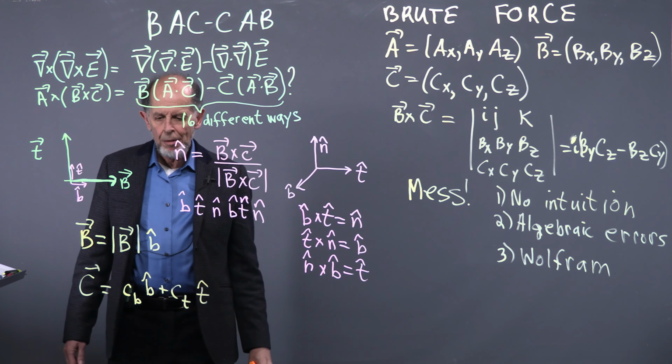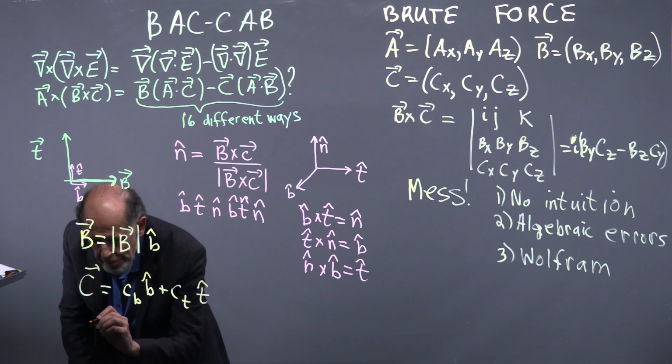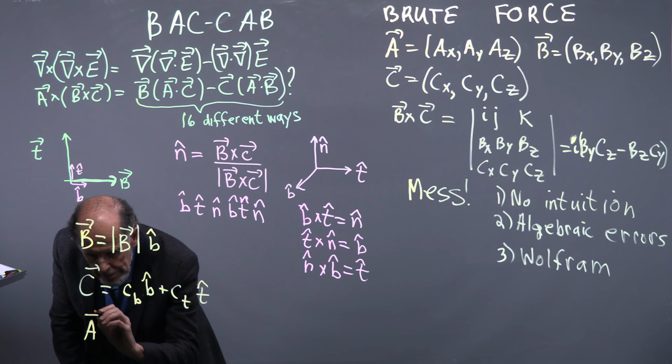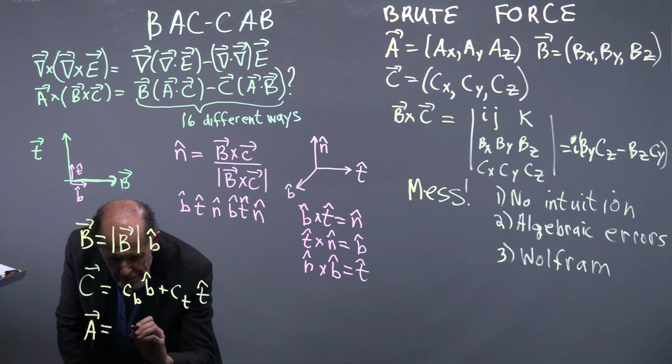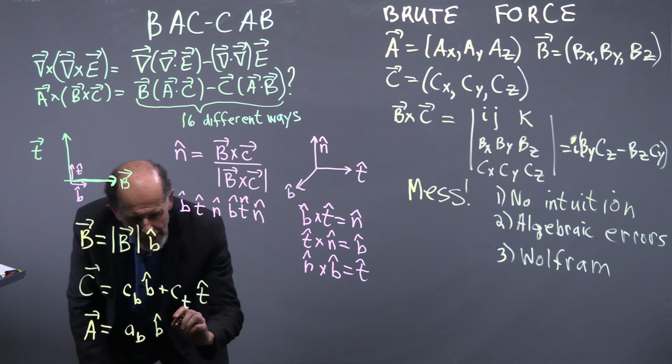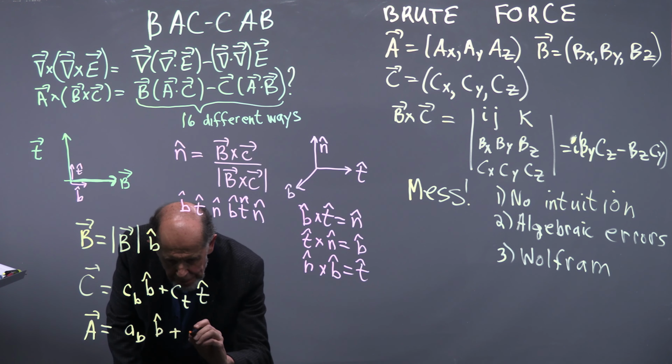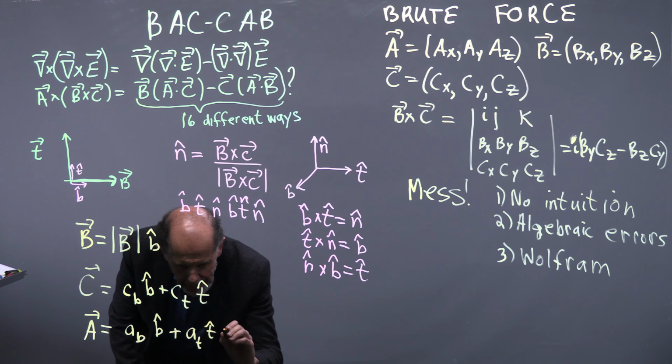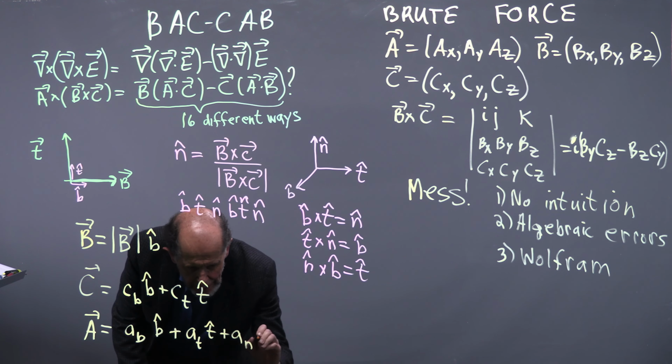Well, A has all three components. So it's going to have a component along B hat plus a component along T hat plus a component along N hat.